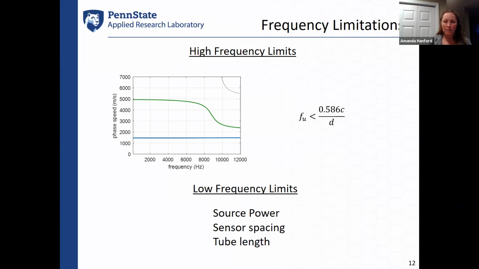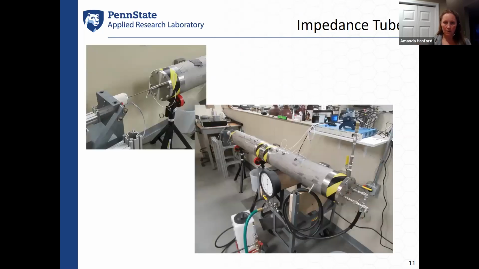At low frequencies, we are dealing with things like how much source power we have. Actually, I didn't really show this, but we'll have sensors. Let's go back here. Here we have these hydrophone sensors right here in the tube wall, and placement of these sensors is also going to dictate what happens at low frequency.